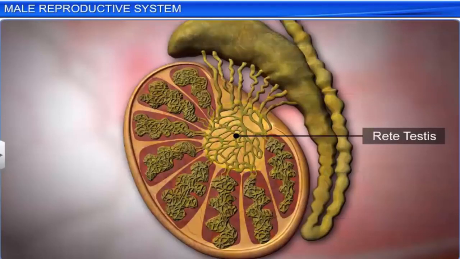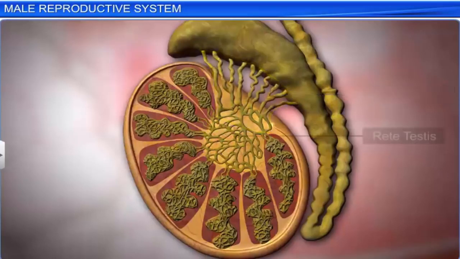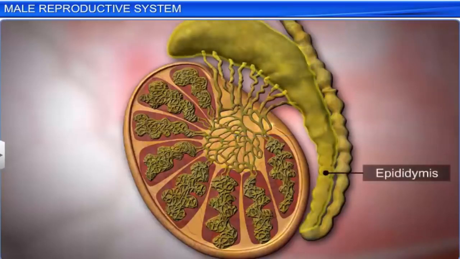The rete testis is a network of ductules formed by the seminiferous tubules. Vasa efferentia are ciliated ductules that arise from the rete testis. They collect sperms and transfer them to the epididymis. The epididymis is a long, narrow, highly coiled tubule present along the posterior surface of the testis.